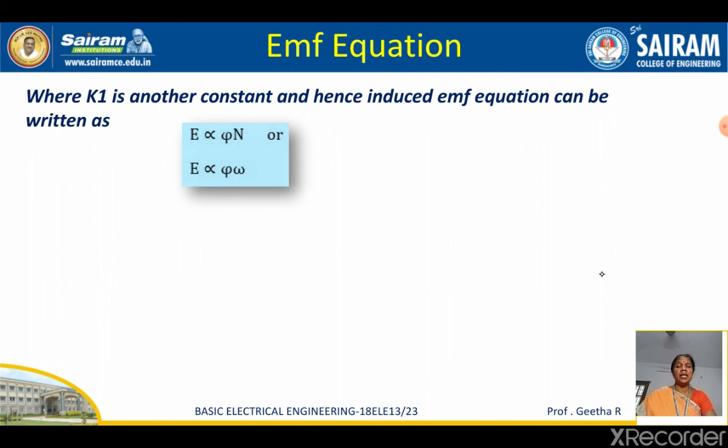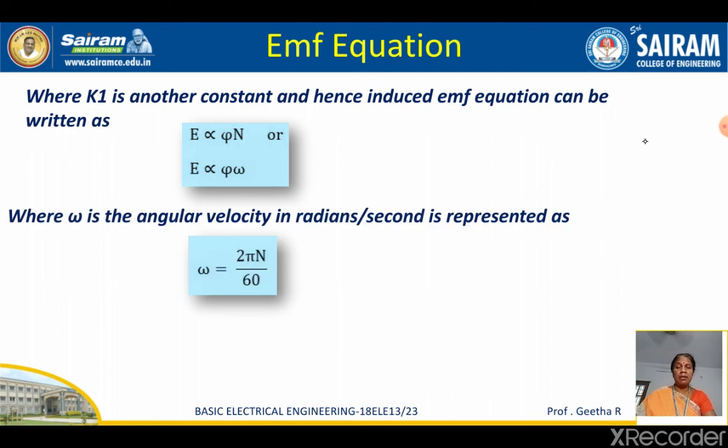Hence the induced EMF equation can be written as E proportional to phi N or proportional to phi omega, where omega is the angular velocity in radians per second, represented as 2 pi N by 60.